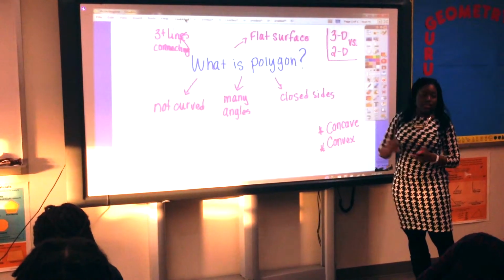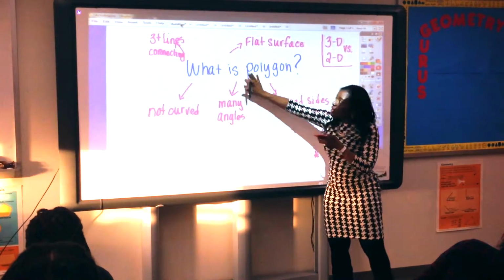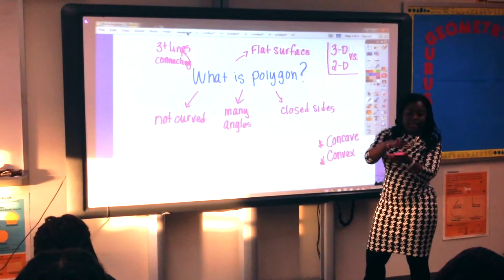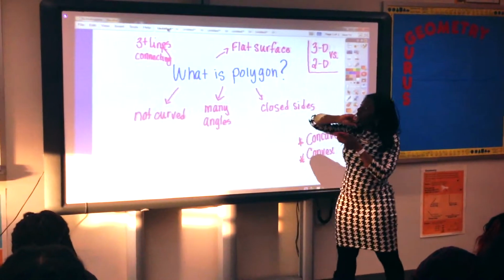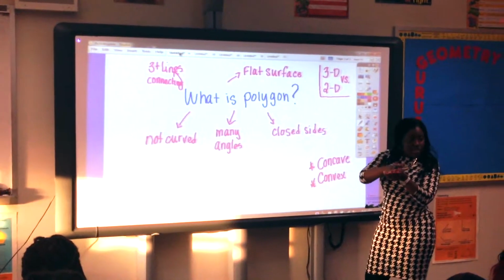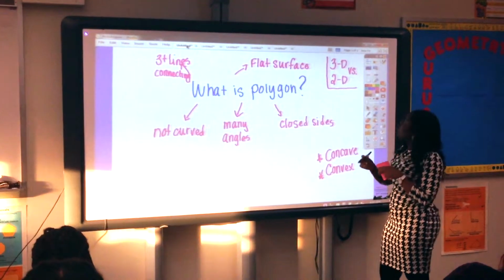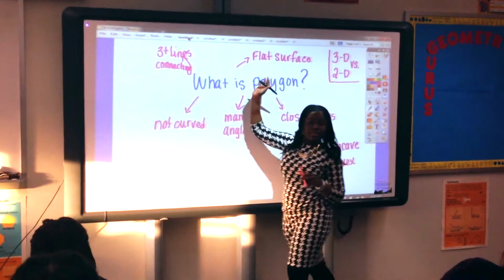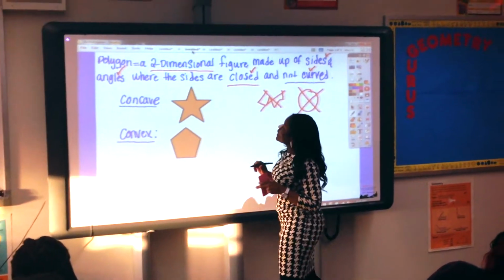And 2D shapes are basically any figure that is a flat surface, something that you can touch with your hands. There is no depth to it, okay? Any questions about this? Are we all good? Yes. Okay, fantastic.